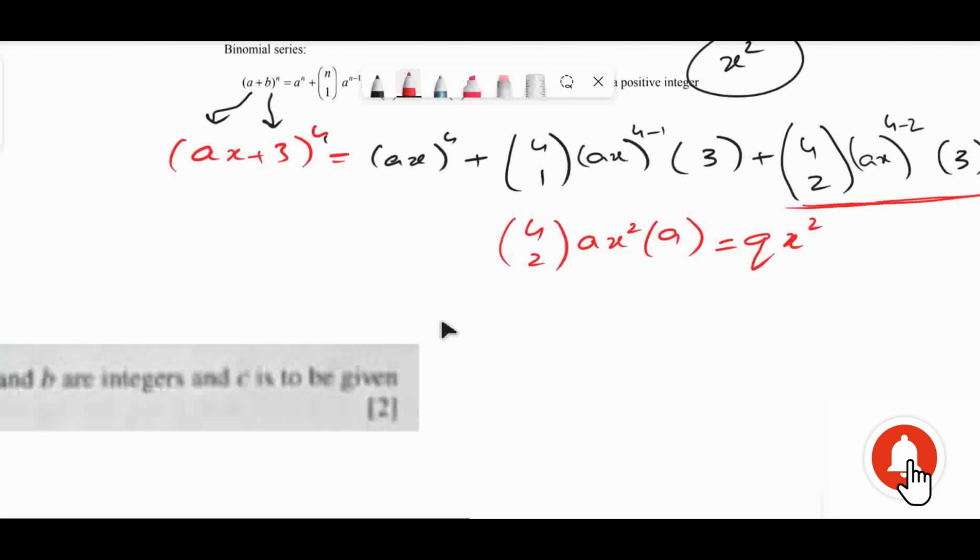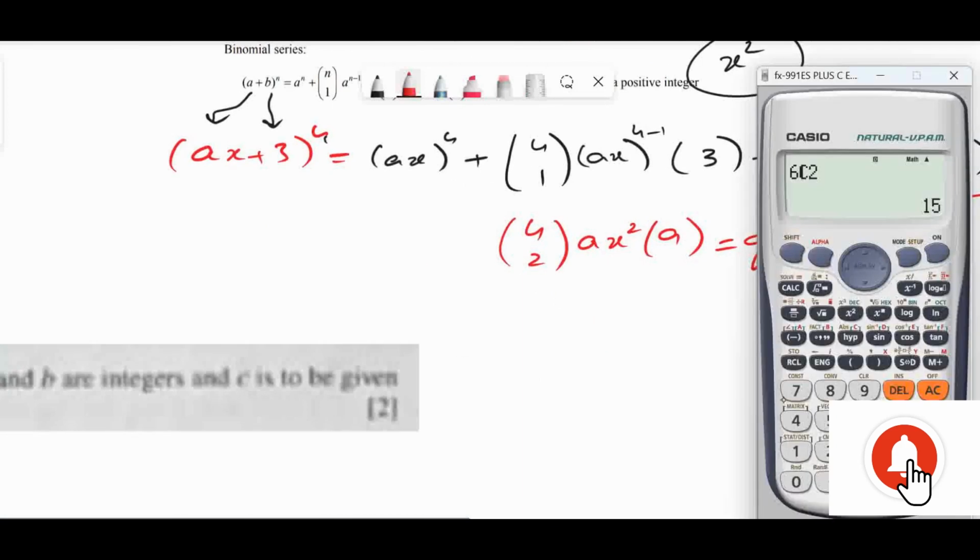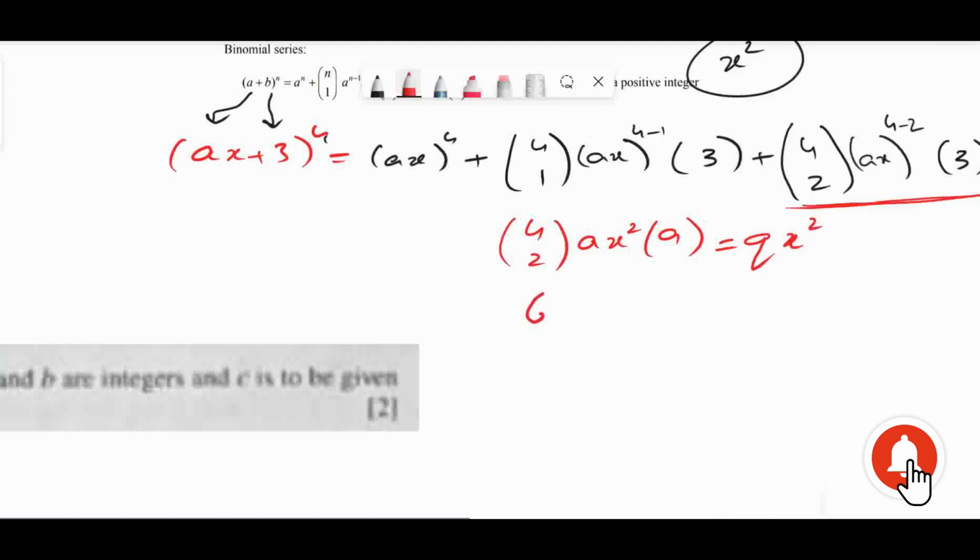Now 4C2 is equal to 6, so 6 into 9 a^2x^2 equals qx^2.